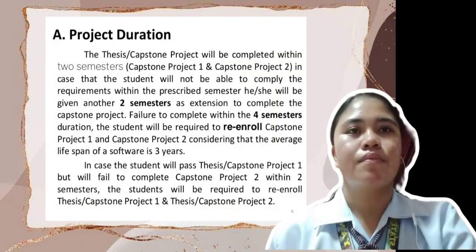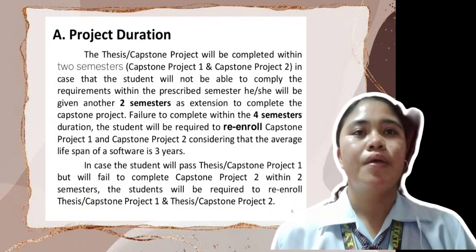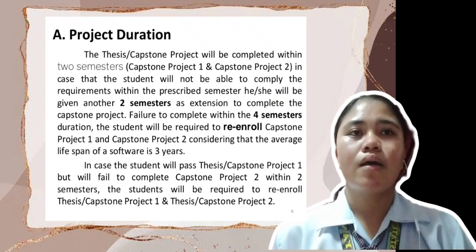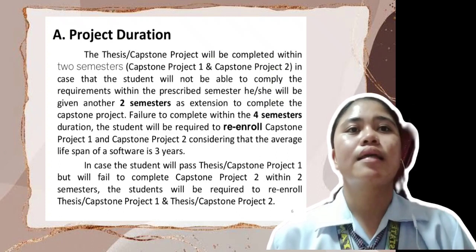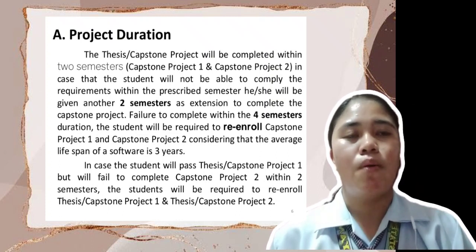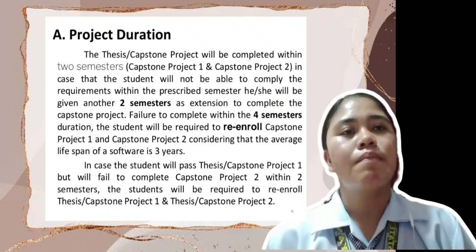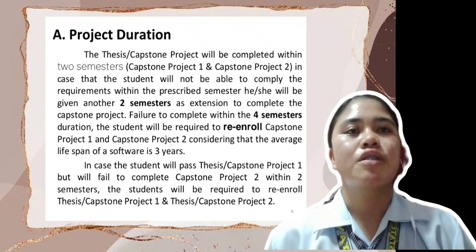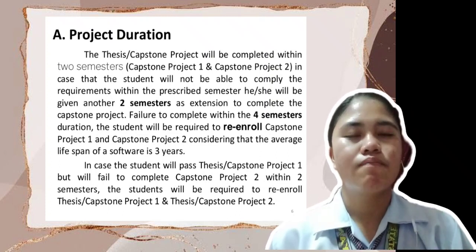Project duration. The thesis capstone project will be completed within 2 semesters: Capstone Project 1 and Capstone Project 2. In the case that the student is not able to comply with the requirements within the prescribed semesters, she will be given another 2 semesters as an extension to complete the capstone project.